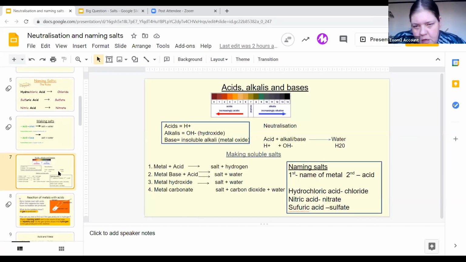This slide would be what I would put on flashcards, and I would probably make 4 flashcards. 1 with the acid, alkali, base bit, 1 with the neutralization reaction, 1 with the naming salts, and 1 with the soluble salt reactions. This slide here would be what I'd do, and I will make a copy of that in a bit and put it in separately as information for flashcards. Hopefully that's helped, guys.